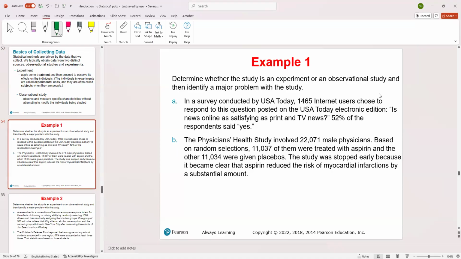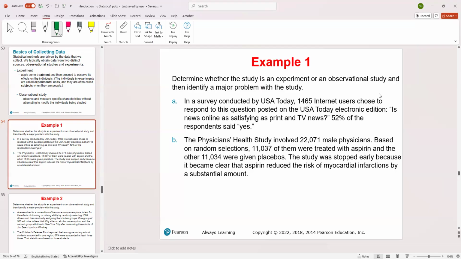All right. The first one: in a survey conducted by USA Today, 1,465 internet users chose to respond to this question posted on the USA Today electronic edition. Is news online as satisfying as print and TV news? 52% of the respondents said yes.